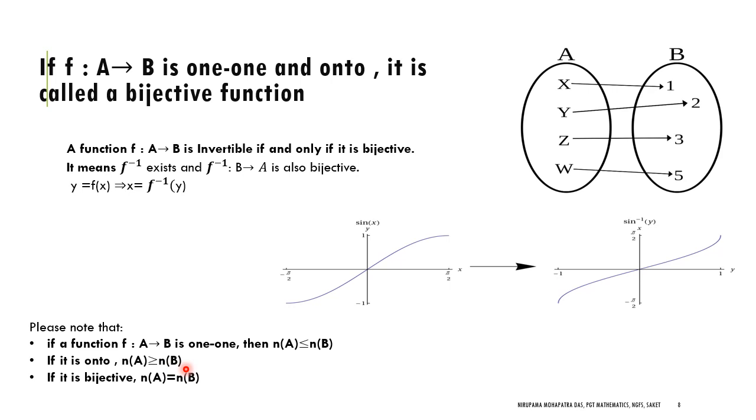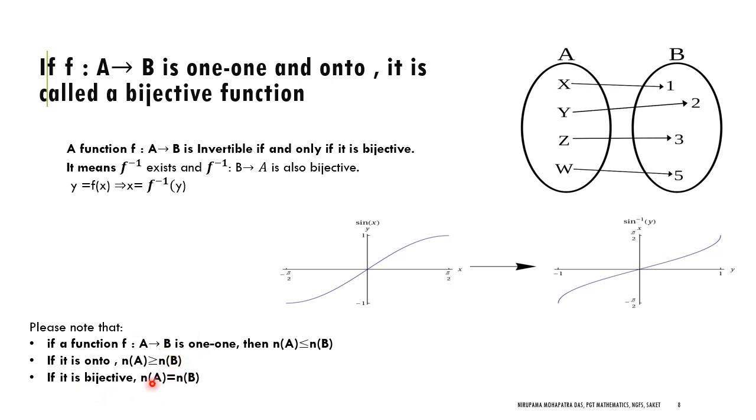While the number of elements in A is more than this, there may be some elements in A, maybe two elements of A, associated with one element of B. For that reason, the number of elements in A may be greater than the number of elements in B. But in case it is one-one and onto, it can be equal.